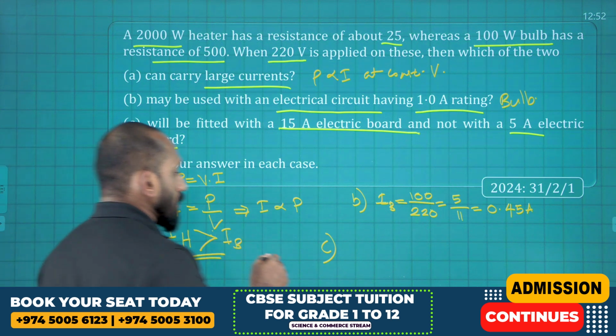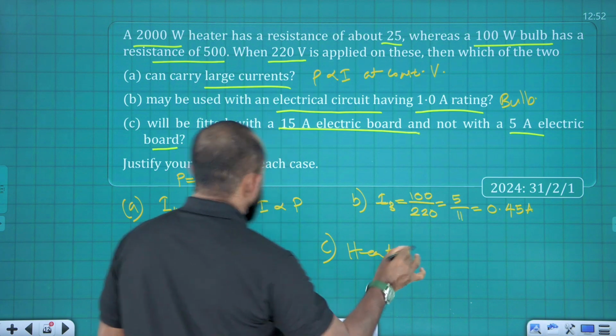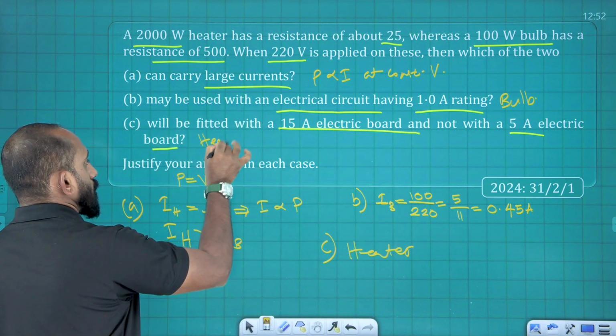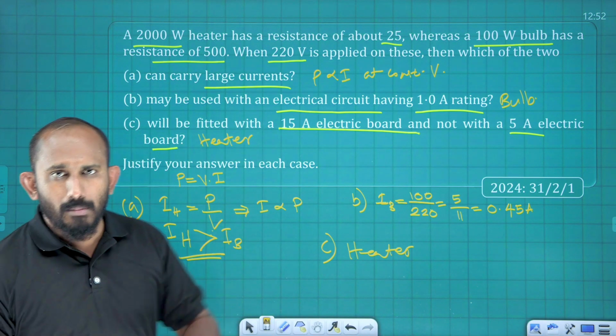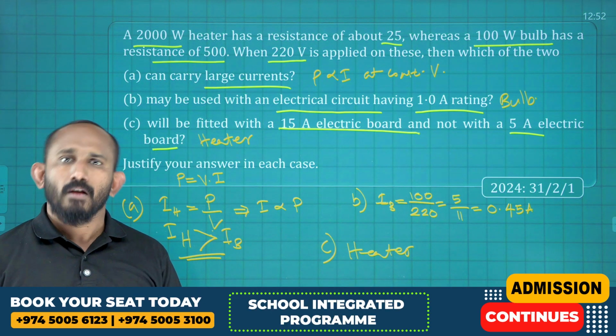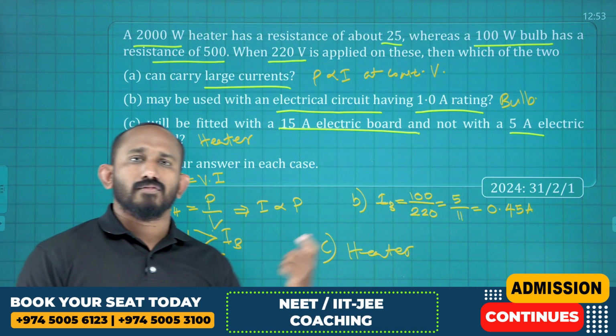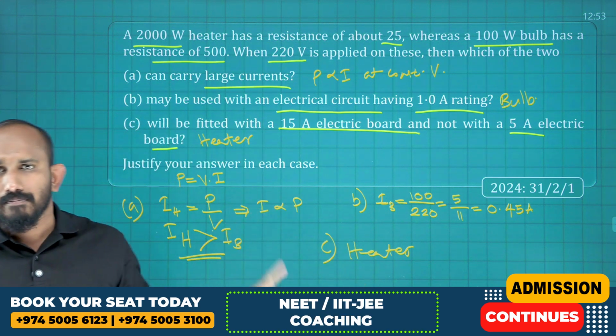So the one with 15 ampere is the heater. A normal one we use the 5 ampere rating. Hope you got it. This is a part of domestic circuit as well as the calculation from Ohm's law and power equations.